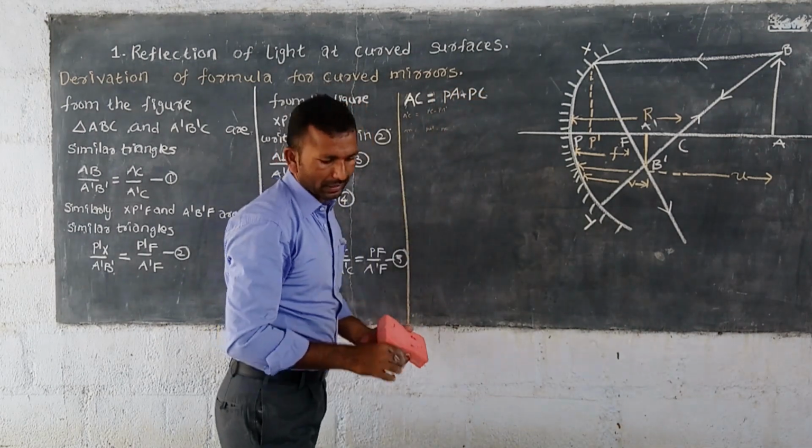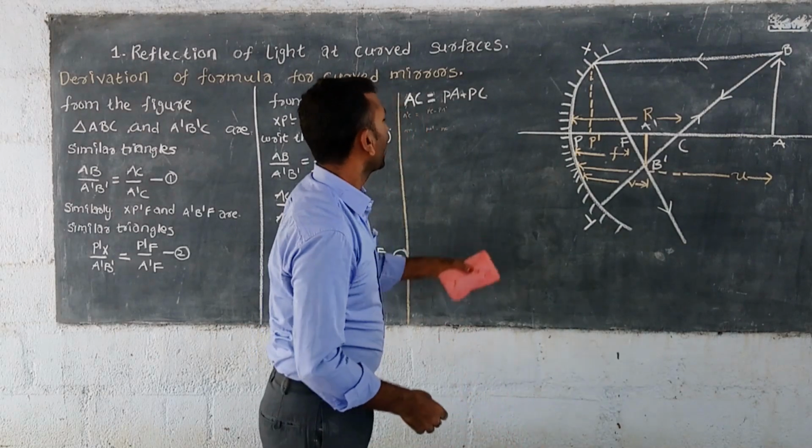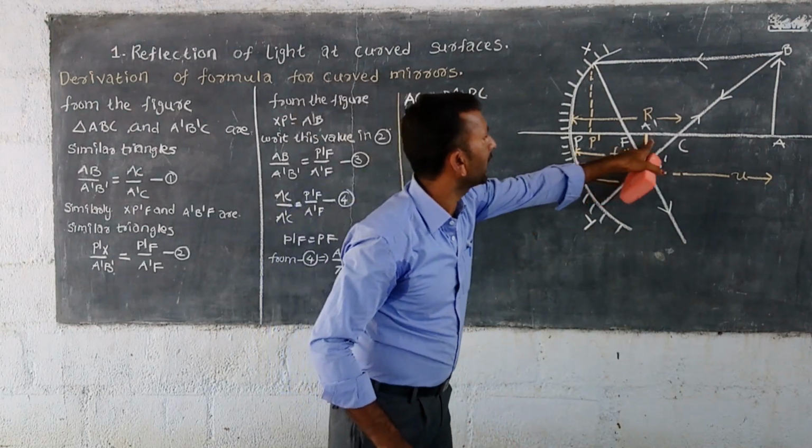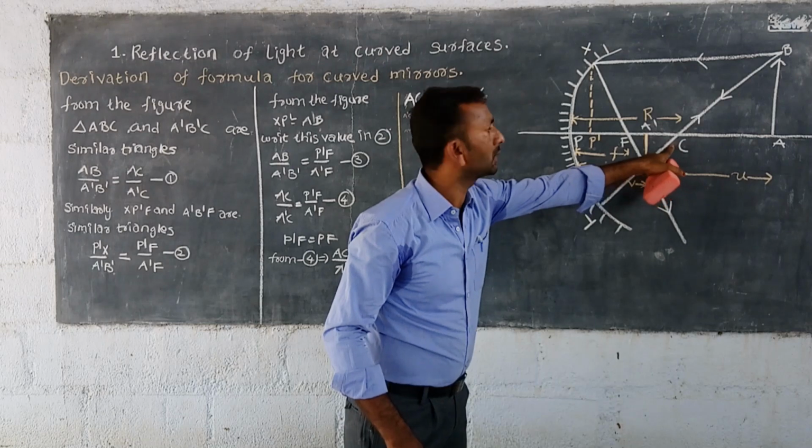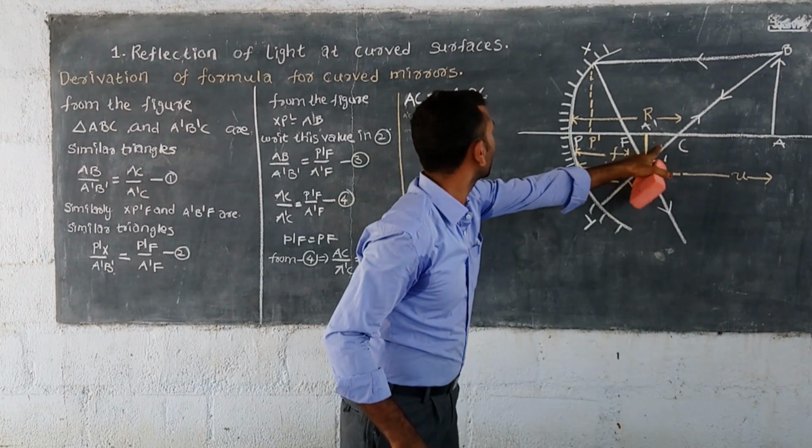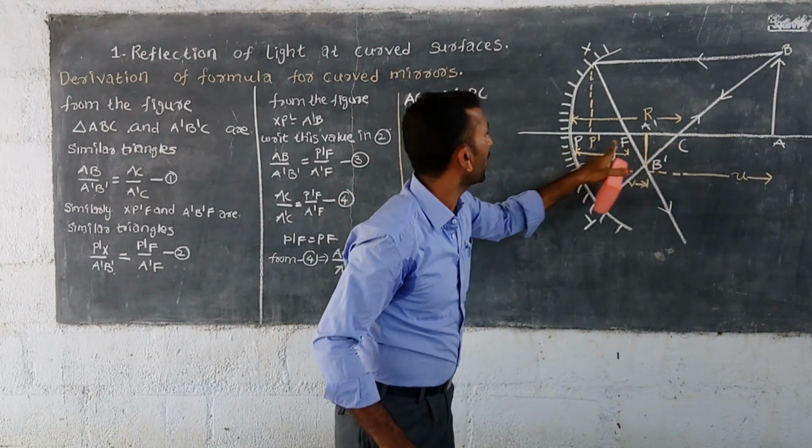We need another value, A dash C. A dash C value is not there, so we can write A dash C equals PC minus PA dash, since we have the PC value and the PA dash value.